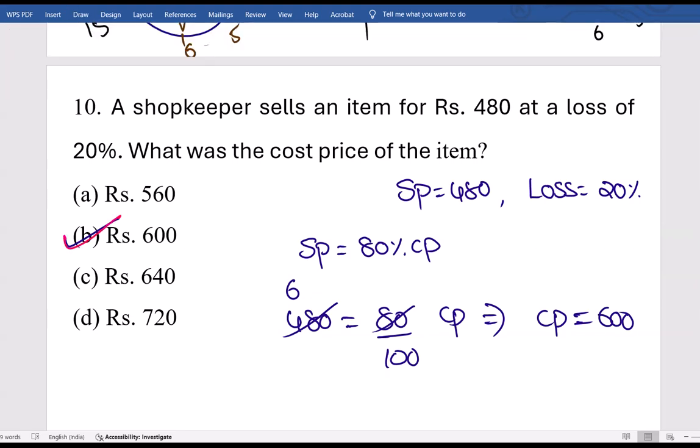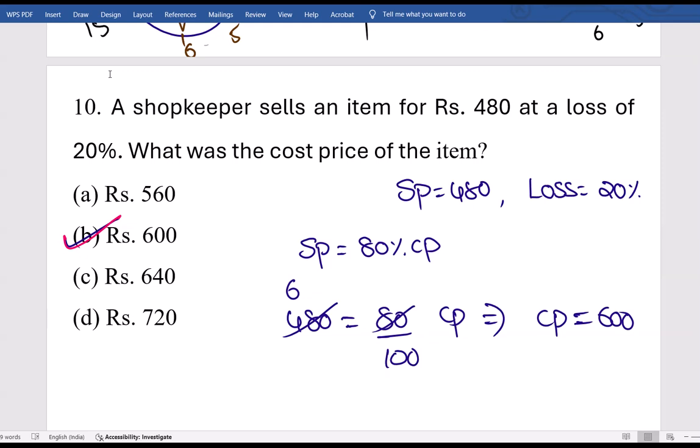A shopkeeper sells an item for rupees 480 at a loss of 20%. What was the cost price of the item? Some students make the mistake of calculating 20% of 480. But loss and profit should be calculated on cost price. 480 is not the cost price, 480 is actually the selling price.